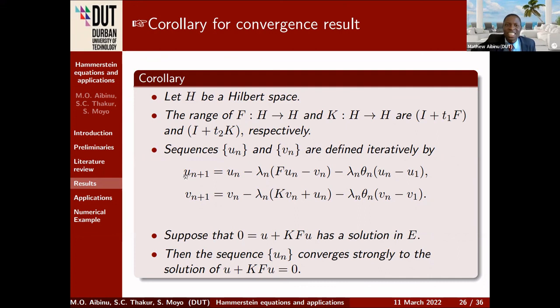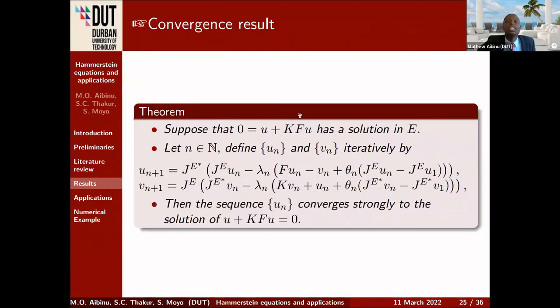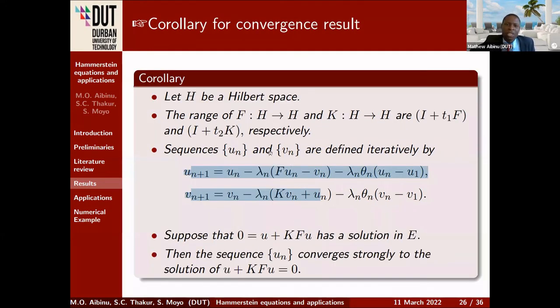That is, the form of the sequences in this corollary is a bit different and even looks more cozy than the one in Banach space. And so, obviously, if the result is true in general Banach space, since Banach space is more general than the Hilbert space, and all the conditions that we stated for the sequences are satisfied, then it can also be established that the sequence UN converges strongly to the solution of this Hammerstein equation.